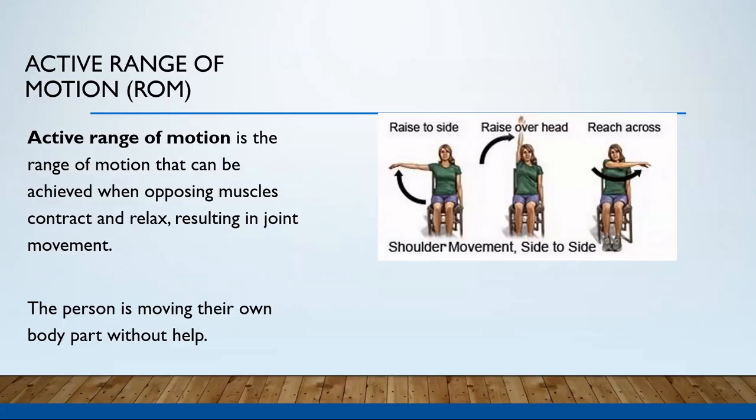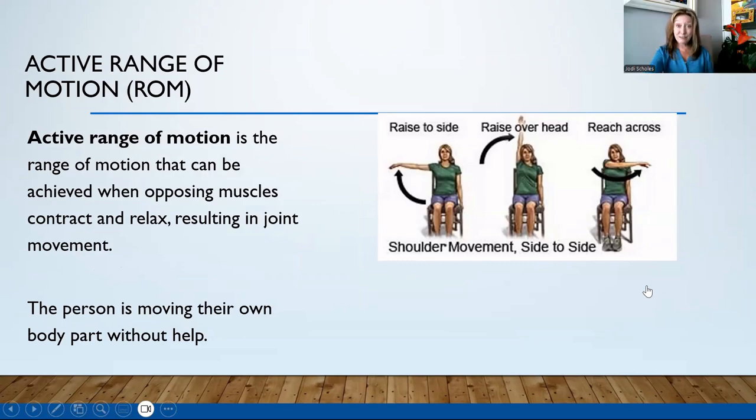Guess what active means? Active means that the client is actively moving themselves. You are not assisting them in any way. The client is active. So we ask the client to abduct their arm, raise their arm overhead.